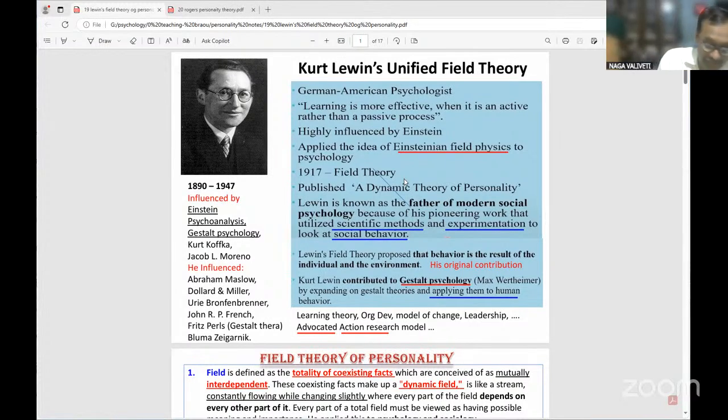Okay, now regarding Kelly, we are discussing that it is a cognitive approach, and another cognitive approach is Lewin's field theory. These two are very scientific approaches.